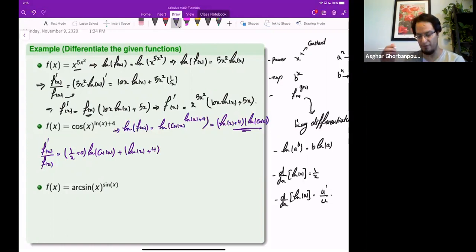Derivative of ln of a function is the derivative of that function, in this case the derivative of cosine x, which is minus sine x, over the function itself.